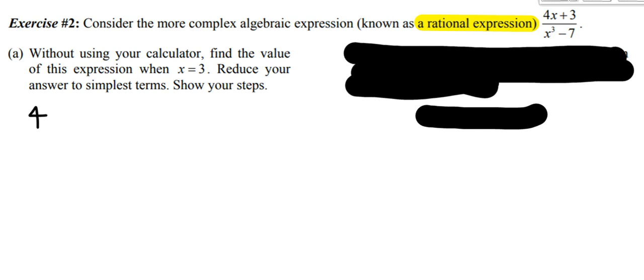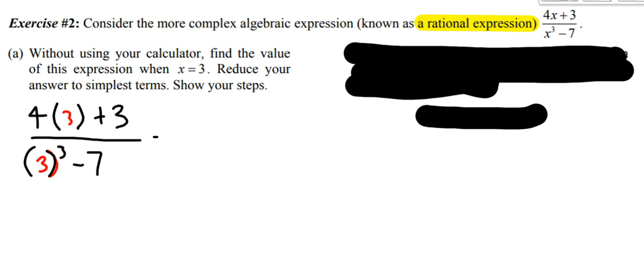So I'll have 4 times 3 plus 3 over 3 cubed minus 7. I'm going to take care of the numerator. 4 times 3 gives me 12 plus 3.